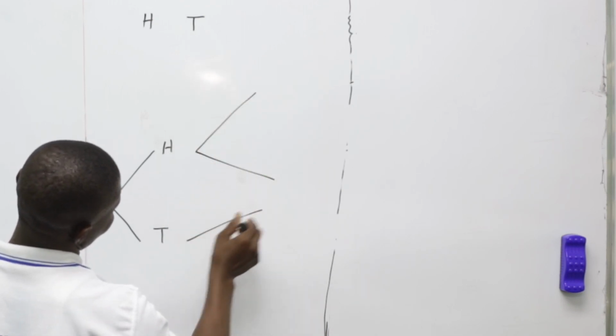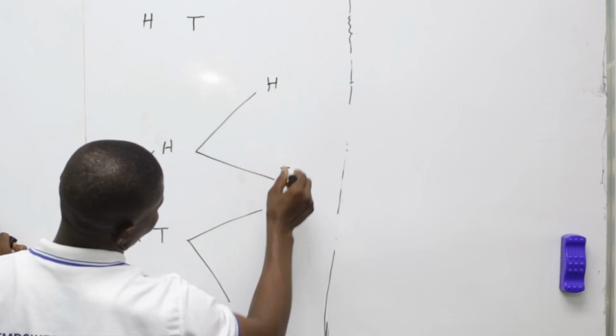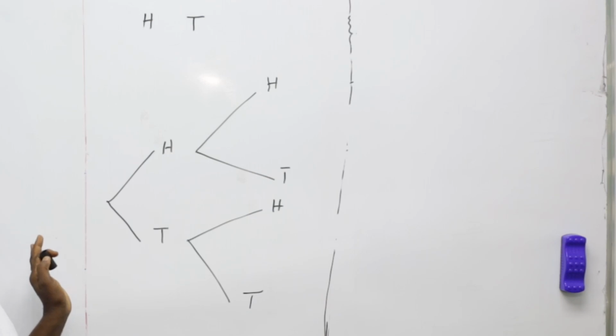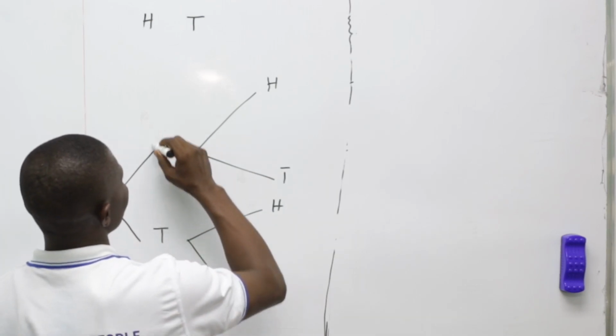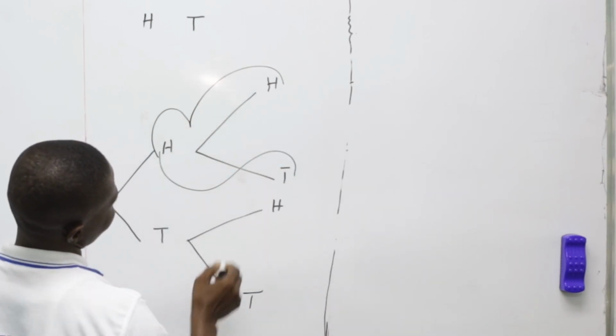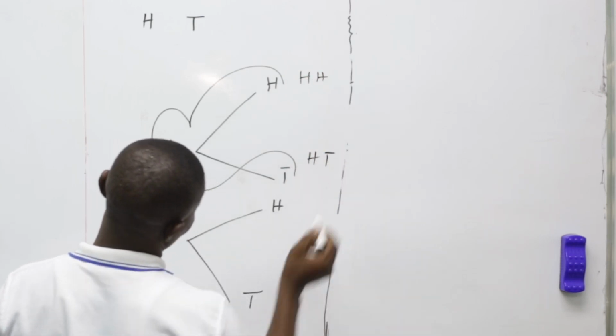Tree diagram 2, this way: the head, the tail, the head, the tail. That's all that. Now the sample event, combining this, head, head, head, tail.